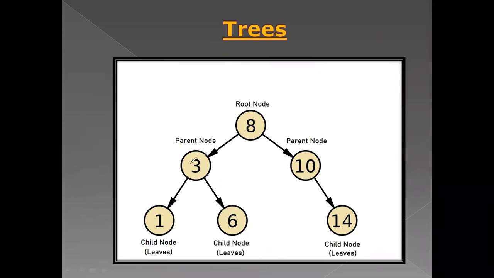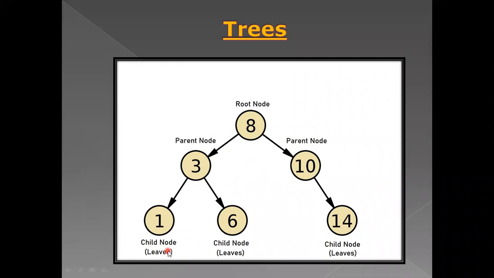These two are the children of this 8. Obviously these are the children of this one, but this is treated as a parent for these two leaves. This can be treated as a child node or leaf. Sometimes we say it is a leaf, and sometimes it is treated as a child.